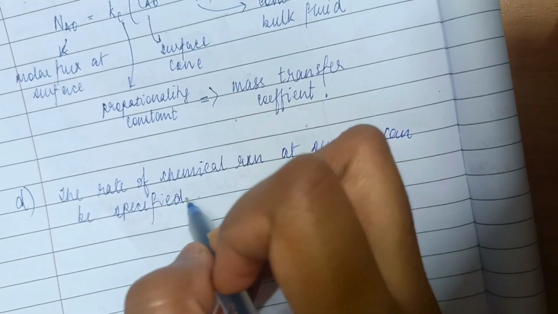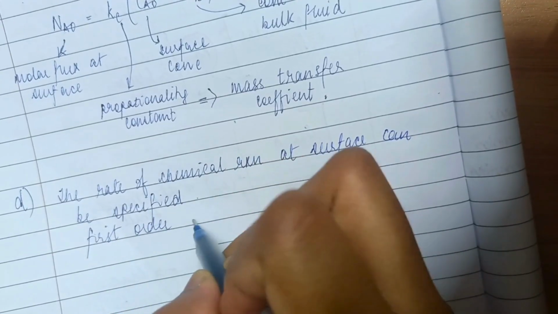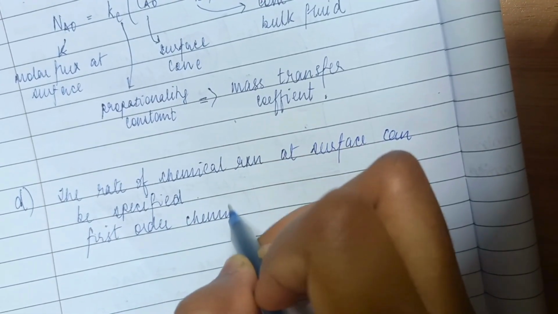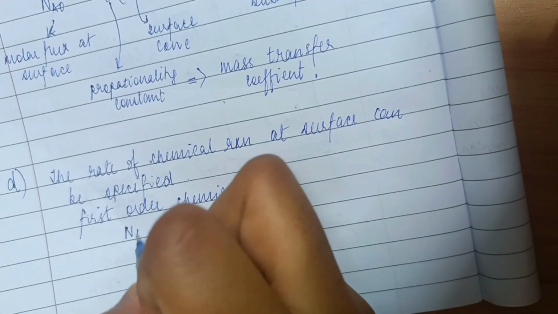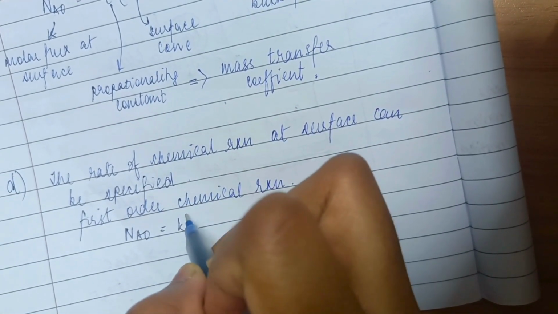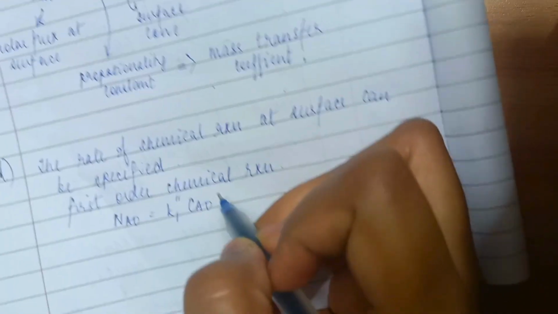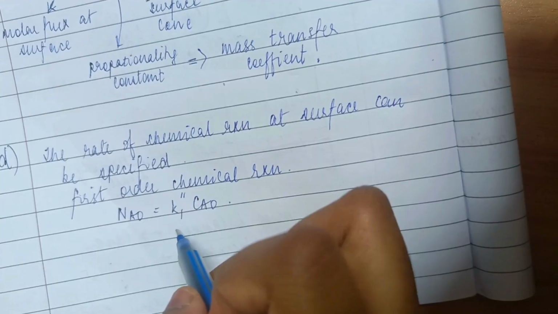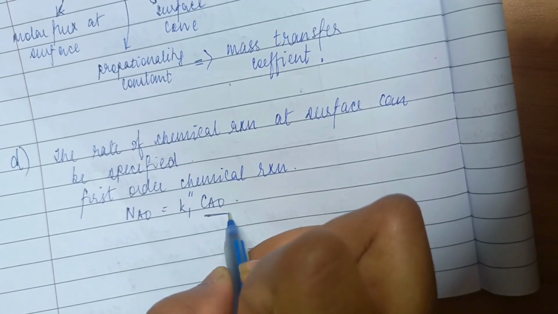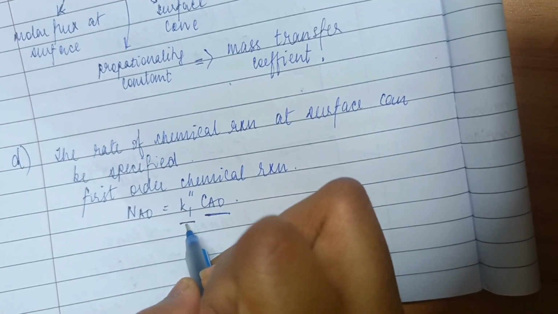For example, if there is a first order chemical reaction occurring, then Na0 is equal to K1 double prime Ca0. That is, the rate of disappearance at a surface is proportional to the surface concentration, and K1 double prime is the proportionality constant.